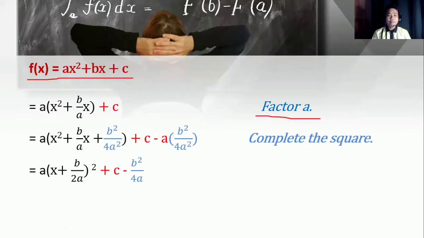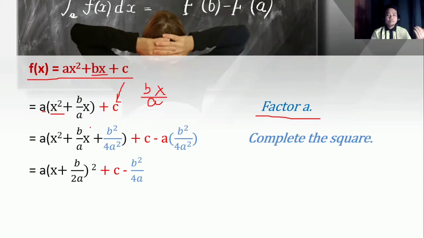So we have ax squared divided by a. The answer is x squared. bx divided by a, so we have bx over a. Then rewrite the value of c. So we have now a times the quantity of x squared plus bx over a plus c.